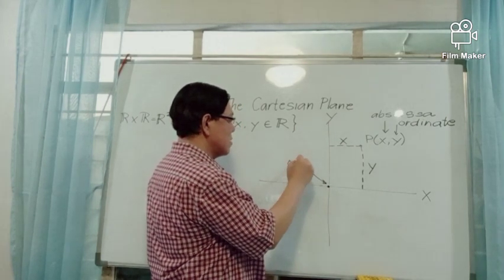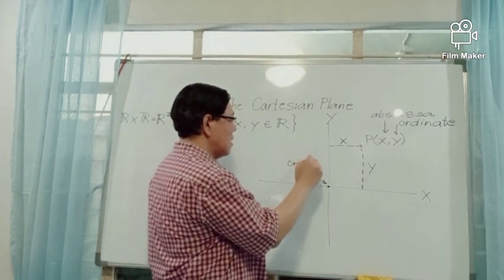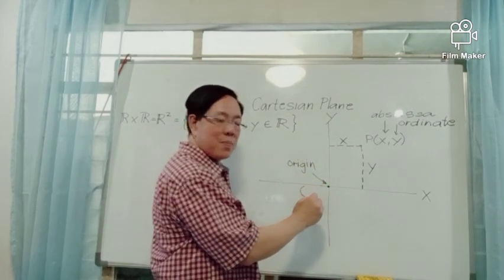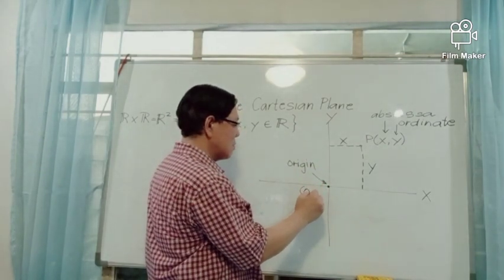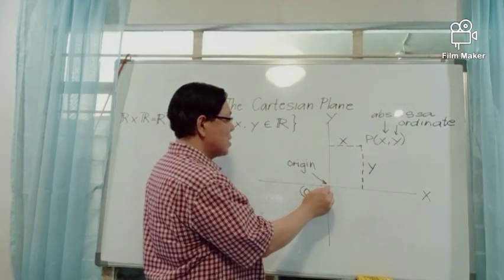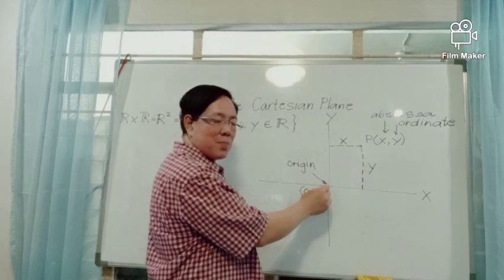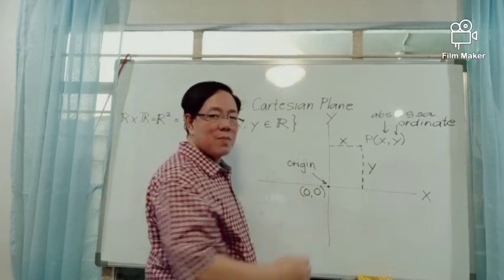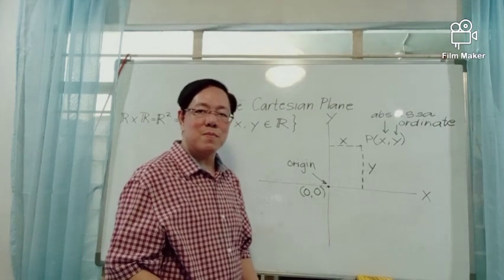This is the origin. At the origin, the abscissa of the origin is 0. That is, the value of x is 0. And the ordinate of the origin or this point is also 0. That is, the value of y is 0.